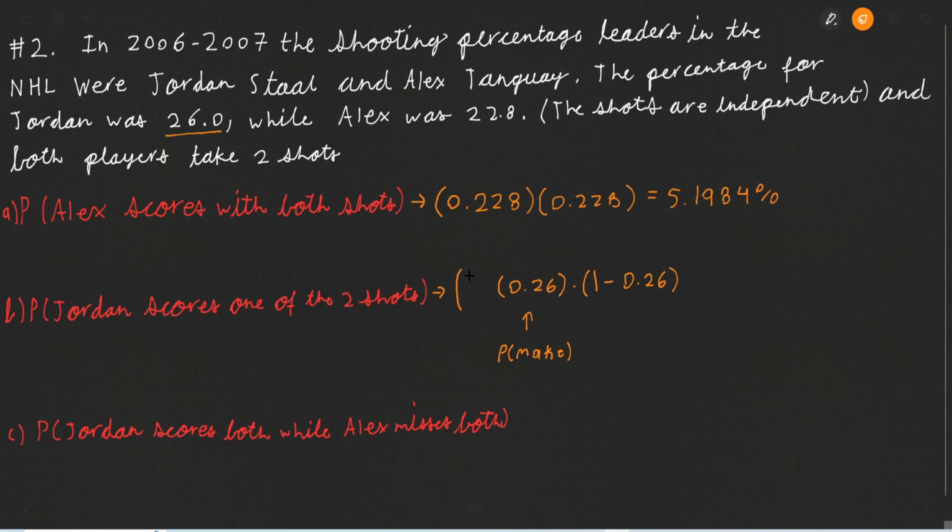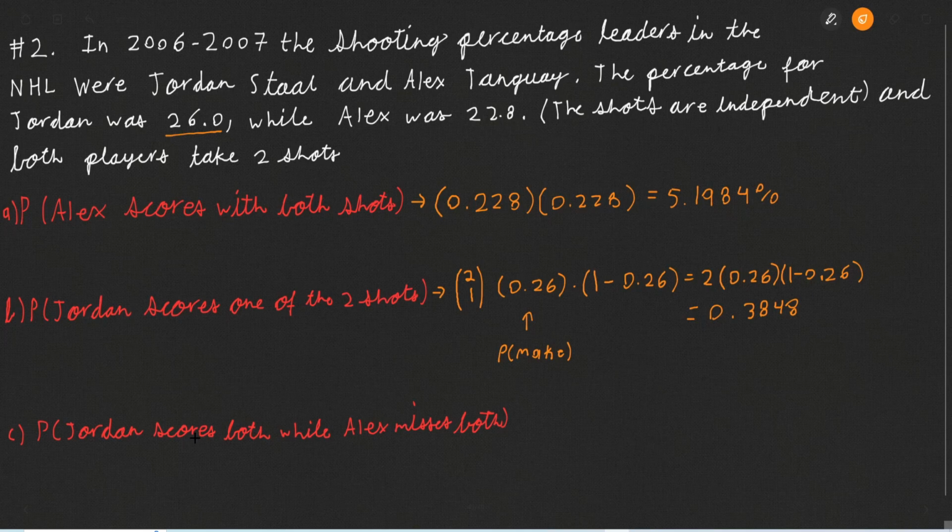So what we need to do is have it multiplied by 2 choosing 1, which will give us the two different ways that he could make the shot, multiplied by the probability of the make, and multiplied by the probability of the miss, which will give us 0.3848.